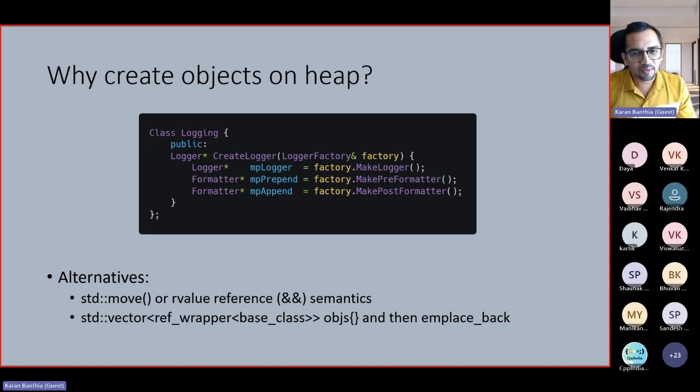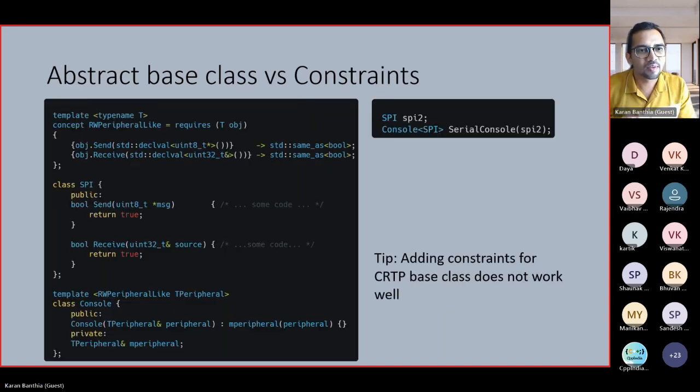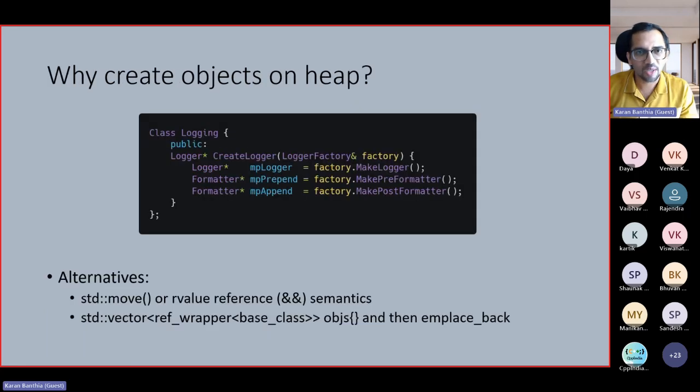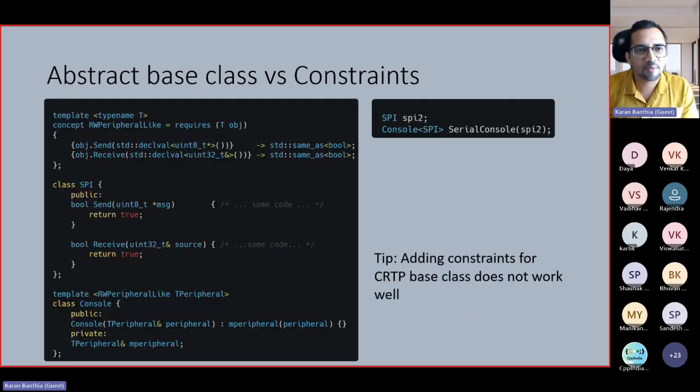Okay, so now we saw a base class which was not abstract, but we have abstract base classes all the time so that we can force the derived class or the implementation to implement the pure virtual methods.